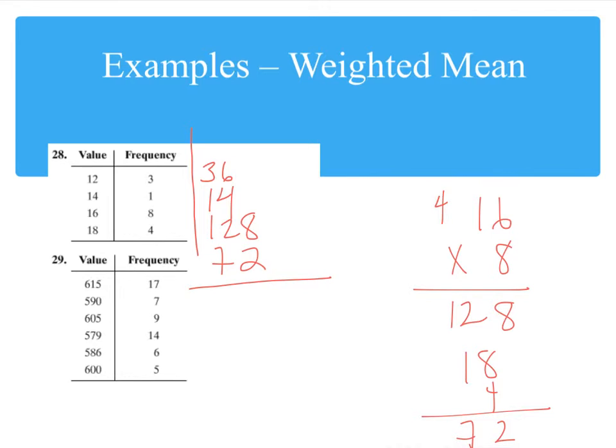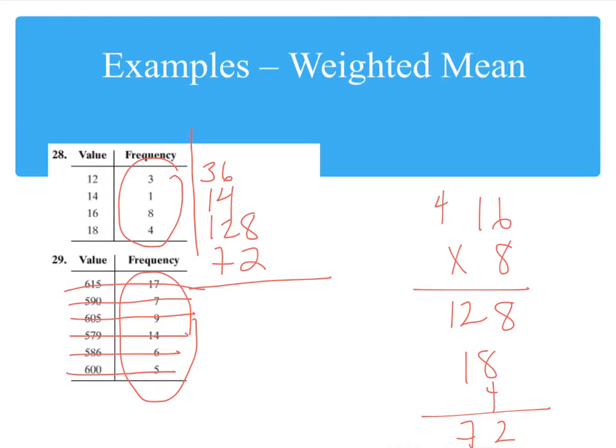You're going to add that data set up, and you're going to divide that answer by this sum. So 12, 13, 14, 15, 16. Do the same thing here. Multiply across, get a new column, add that column up, and then divide by the total number of frequencies.